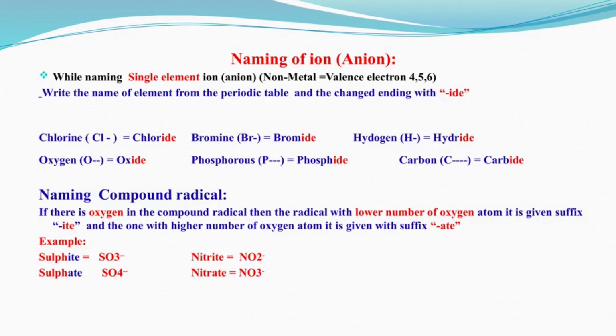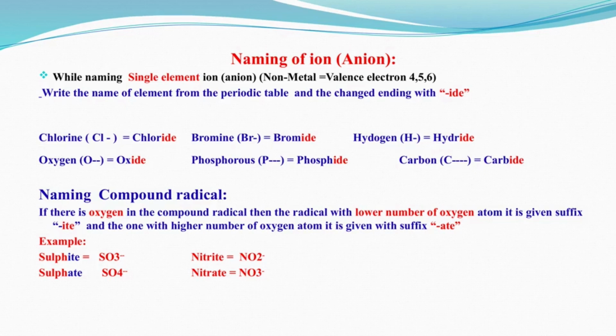So in all these cases, the simple element name is changed at the end by IDE. So calcium chloride: calcium ion plus chloride ion. Chloride indicates chlorine, Cl minus, valency 1.